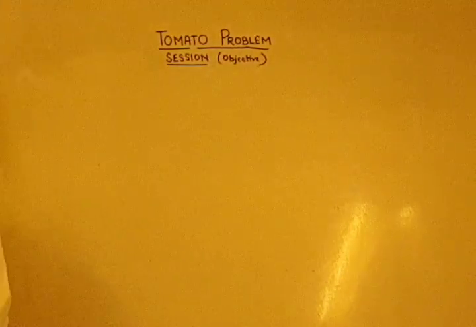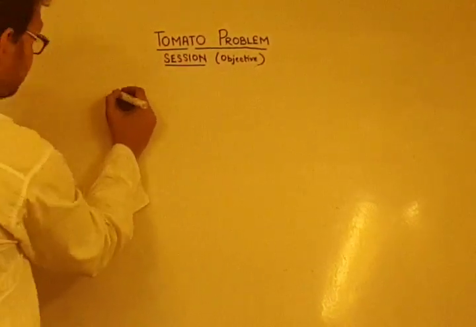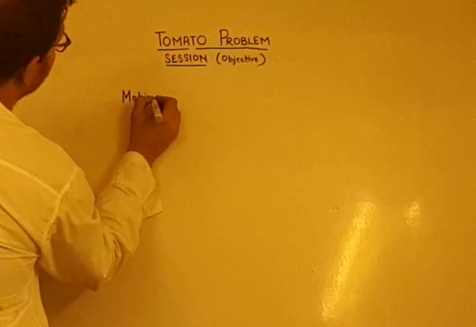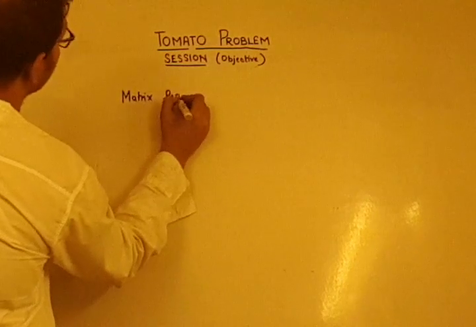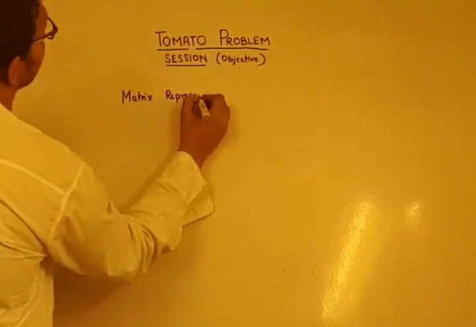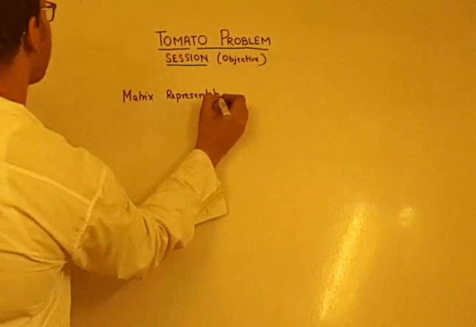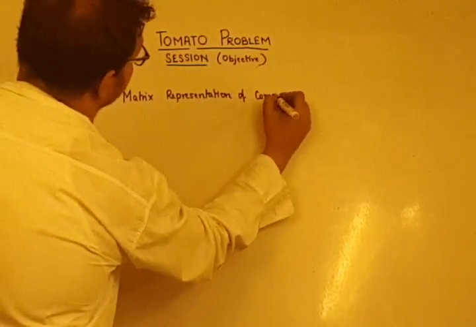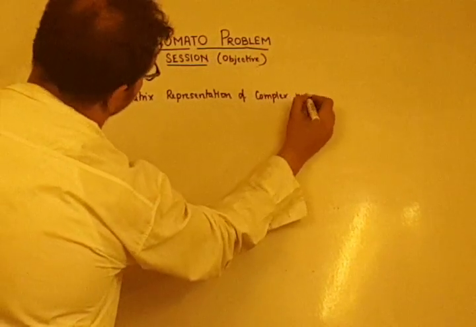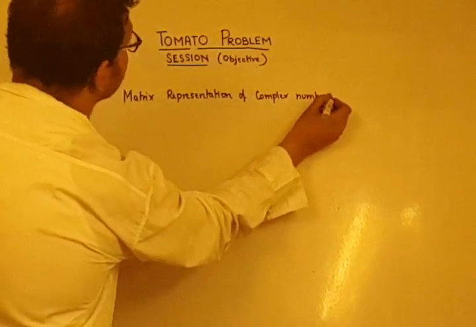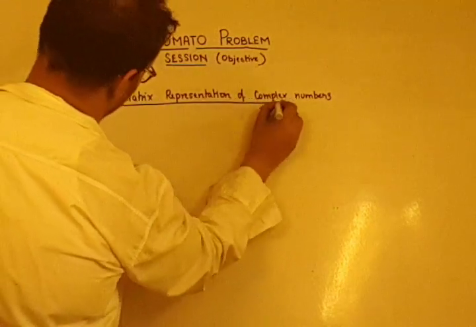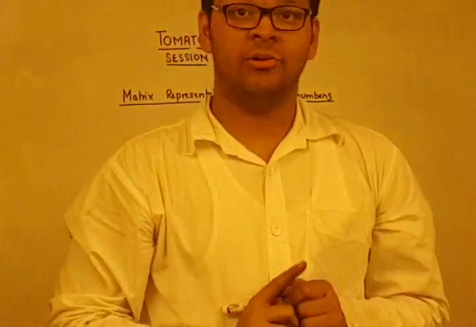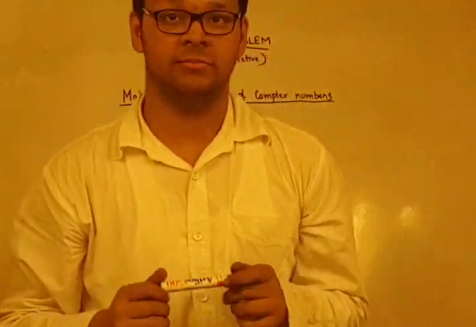So today's concept revolves around matrix representation of complex numbers.